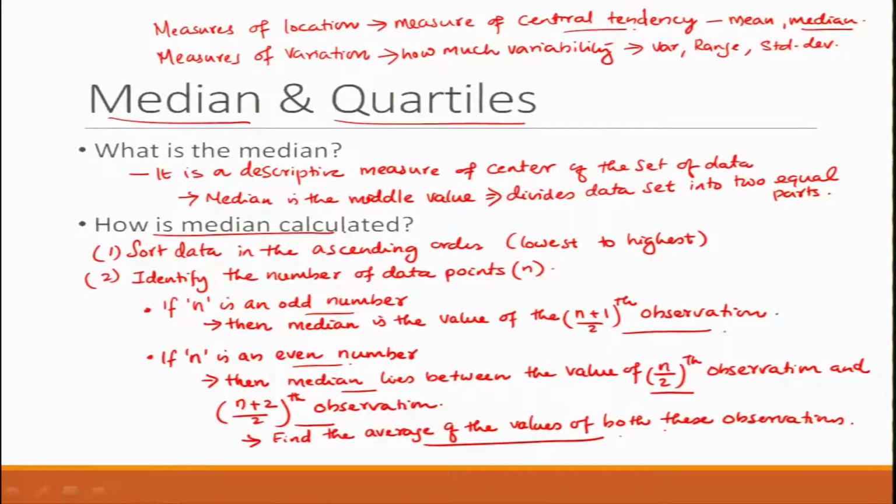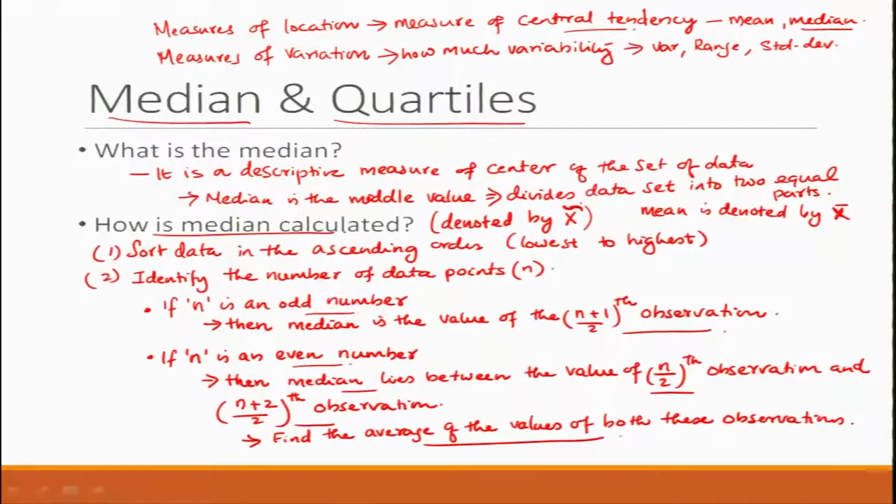The median is also denoted by x tilde. Tilde is the squiggly thing, the curvy thing. Mean, on the other hand, is denoted by x bar, the line on the top.